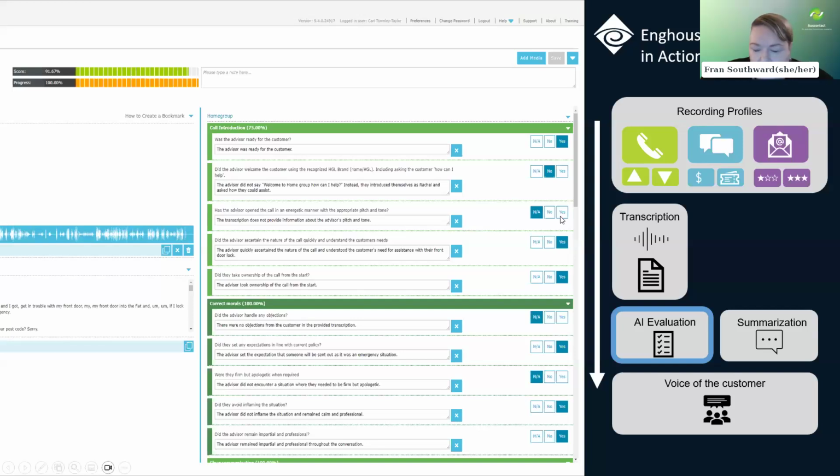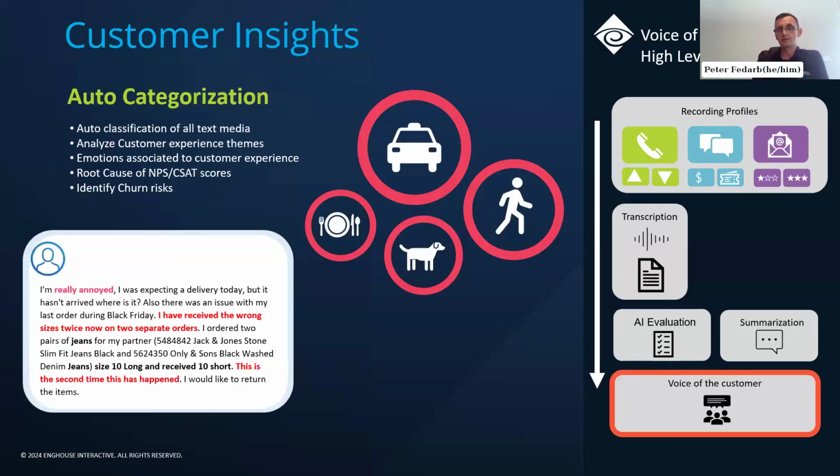Excellent. No problem. So the other things that can surface around the AI is that we've broken the whole conversation down into a conversation, a transcript, if you like. And obviously we're asking the system, does this exist? But what we also surface is what we would refer to as the voice of the customer.